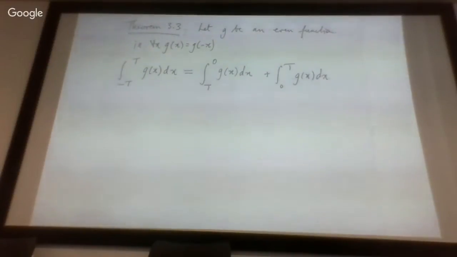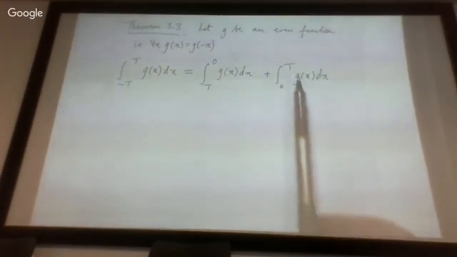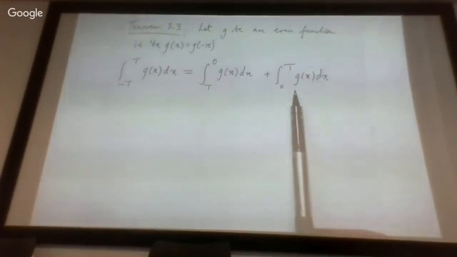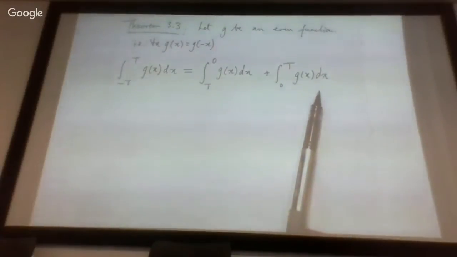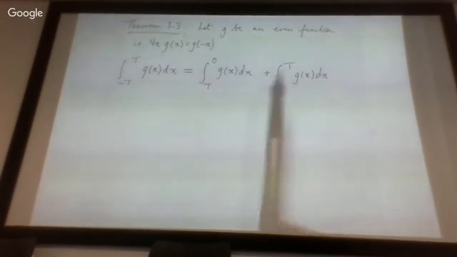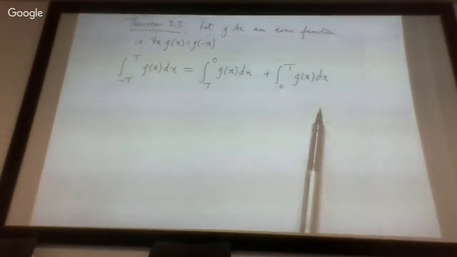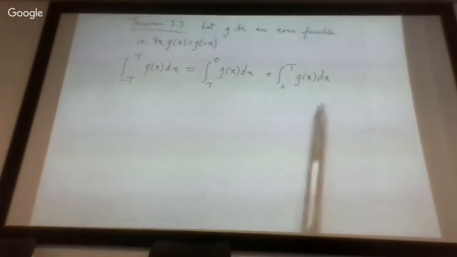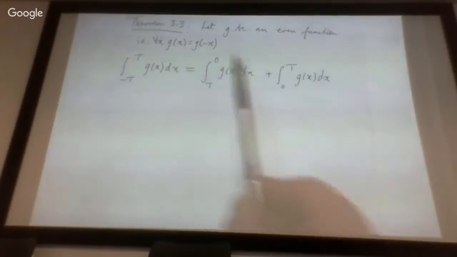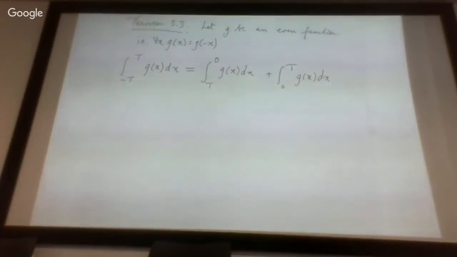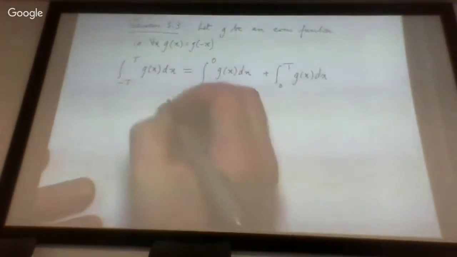Okay, and then now what I'm going to do is, let's leave the second integral alone, and just work on the first one and make it look exactly like the second. And then we'll have 2 times the integral over the positive. So we'll leave that alone in the equation and just work on this one and convert it into that one.